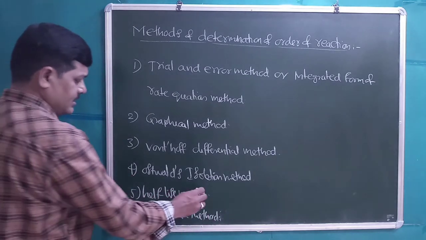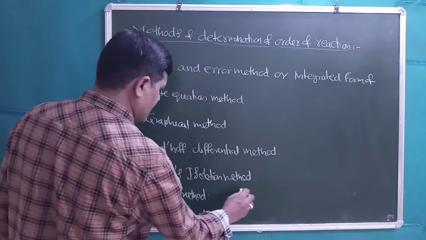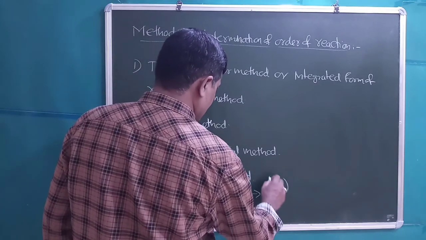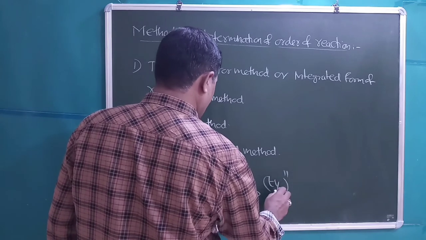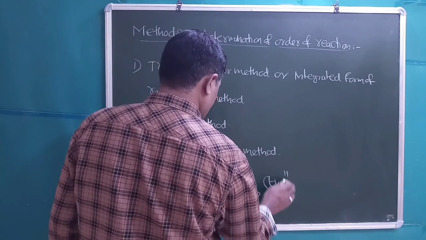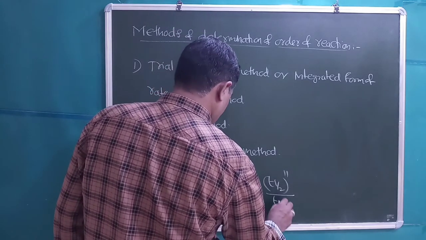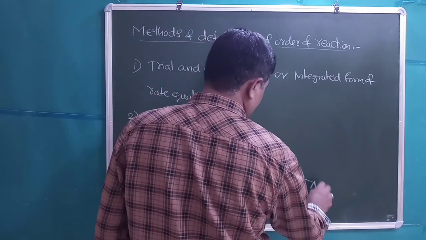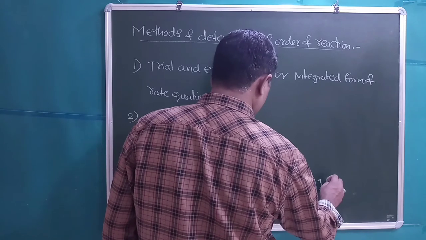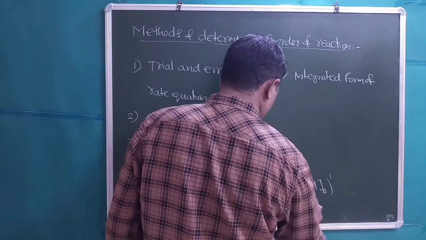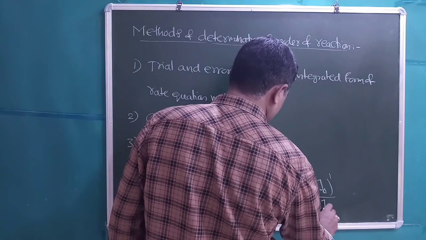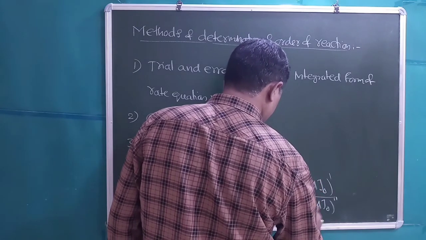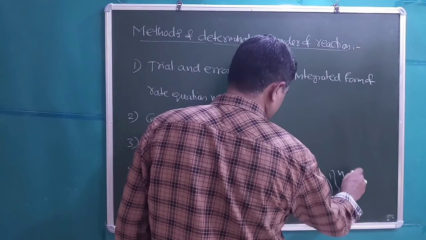For the half-life method, I will give you the formula here: t-half at the second case divided by t-half at the first case is equal to the initial concentration at case 1 divided by the initial concentration at case 2, to the whole power of n minus 1.